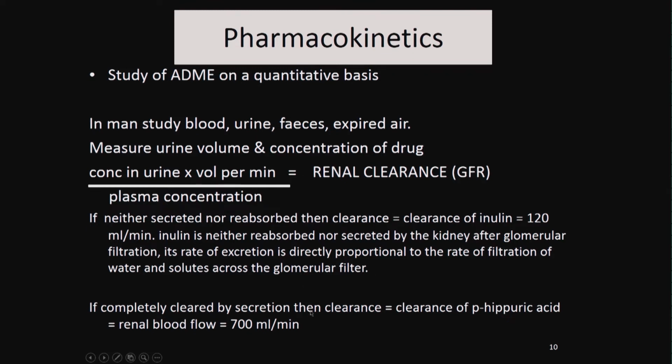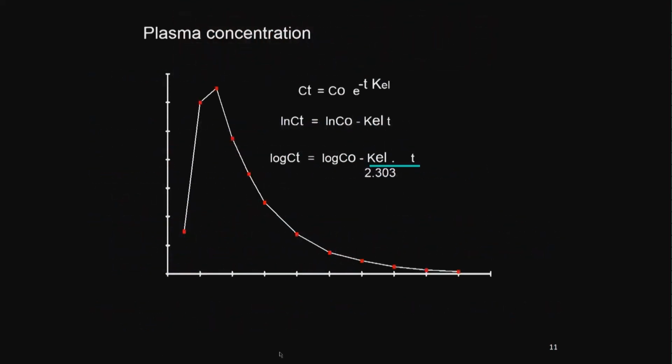If completely cleared by secretion, then clearance equals clearance of PAH, para-aminohippuric acid, that is renal blood flow, which is around 700 ml per minute. These parameters are very useful to understand how the kidney works, how clearance in the urine happens, and they also give you a measure of GFR.